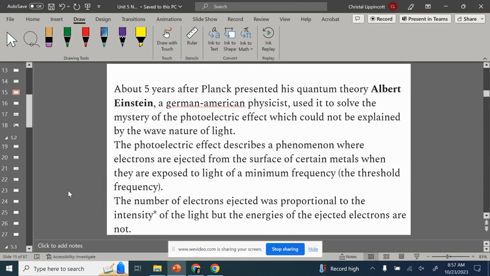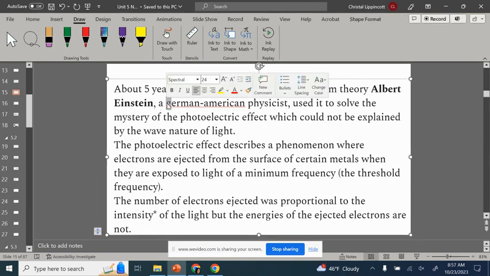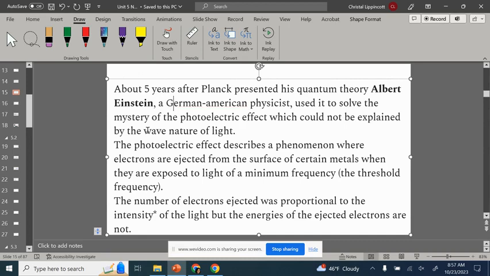So about 5 years later, Einstein, another German. Okay. You've all heard of Einstein. He used that to study the photoelectric effect, and he described how electrons were getting ejected from a surface.